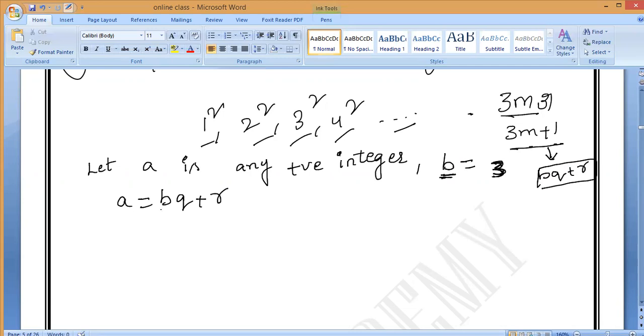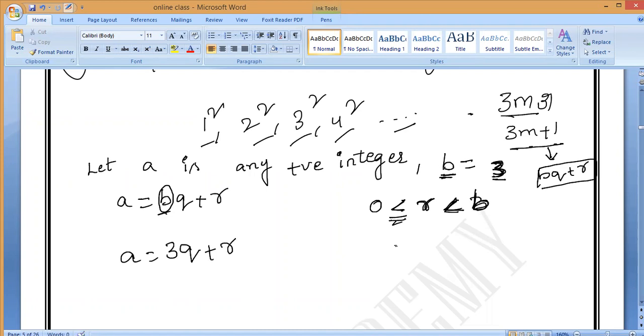Yes, ma'am. Okay. So what is the range of r? All of you should speak. 0, 1 or 2, ma'am. 0, 1, 2. Here b value is 3, so a equals 3q plus r.